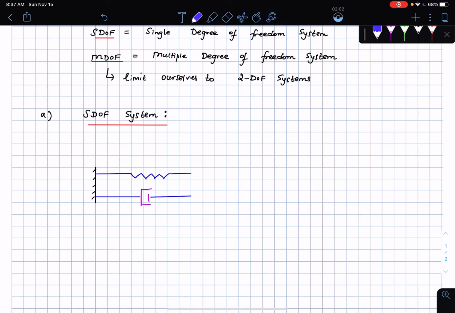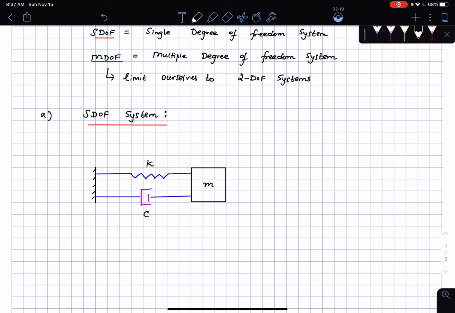Both of these ends are connected to a mass, which I'm going to call M. So here is the mass M, and the stiffness of the spring is K, the damping constant is C.